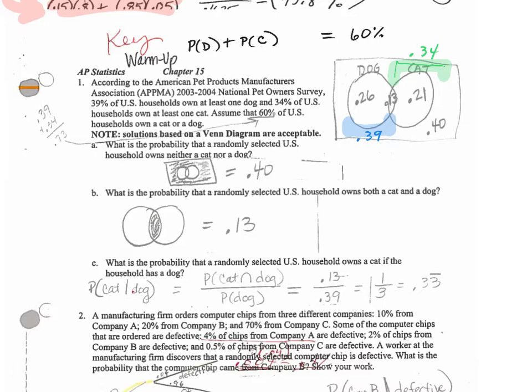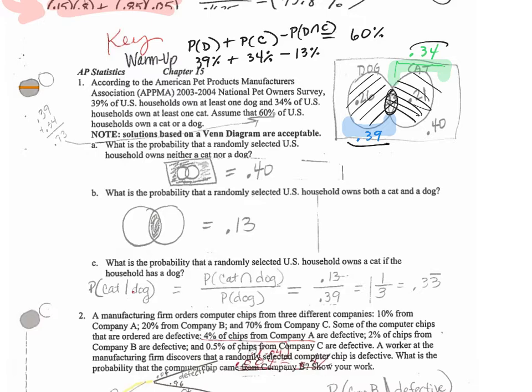Well, that caused a problem because 39% plus 34%, if you just added the dogs plus the cats, you got 73%. So dogs plus cats double counted this section, so 13% got double counted. That's that overlap of dogs and cats. So that's what this Venn diagram looked like.